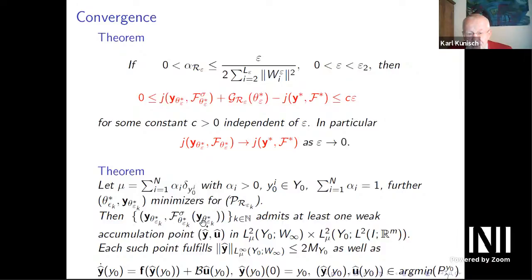Each such sequence admits at least one weak accumulation point, and these accumulation points do the right thing: each one satisfies the bounds, converges to the state equation, and converges to minimizers.